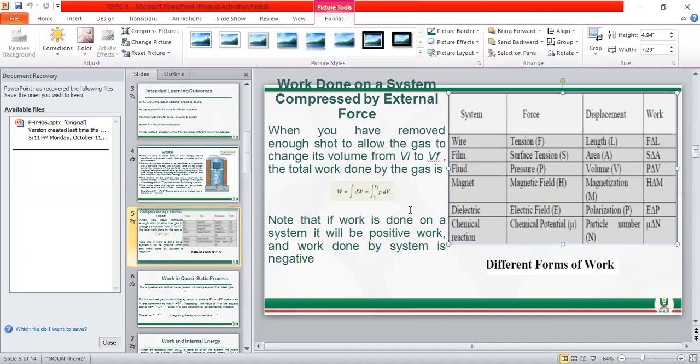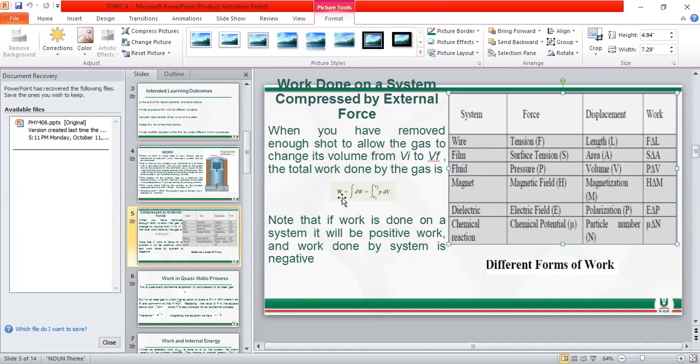Now, work done is the integral of the change in work done, which is given as what? PdV. So if you integrate this well and insert the value, it will give you the actual work done. And I said there that if work is done on a system, it will be positive work. And if work is done by a system, it will be negative.